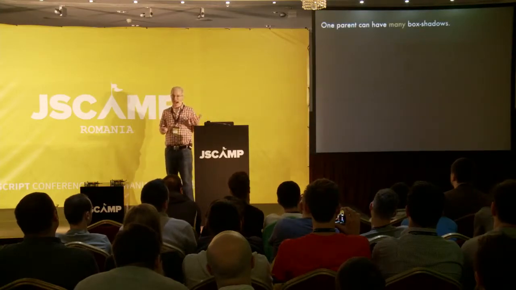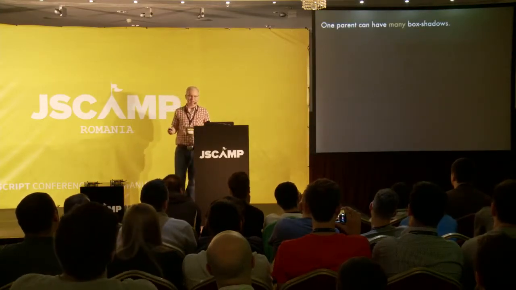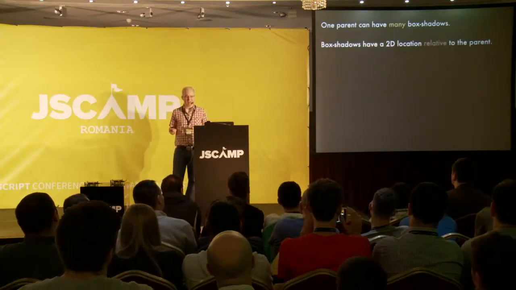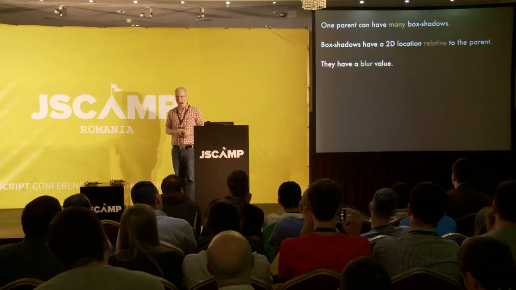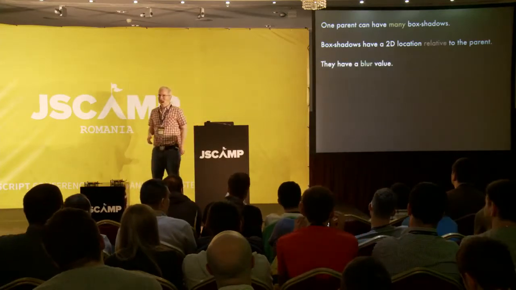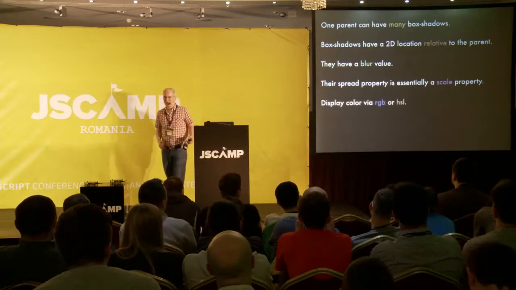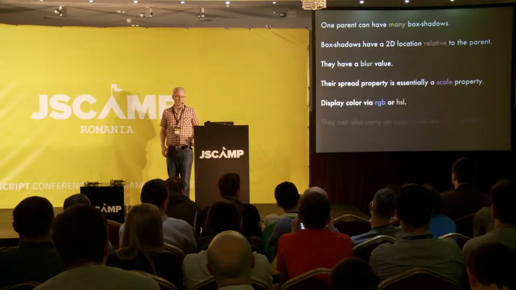There are some other nice properties about box shadows. I don't have to have just one. I can have n number of box shadows. And like I said, they can have a 2D location relative to the parent. You can have a blur value, and a blur value is really interesting, as we're going to see. Like I said, the scale can be translated into the spread property.